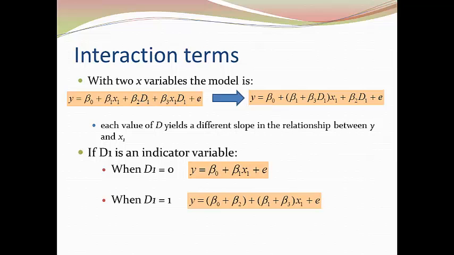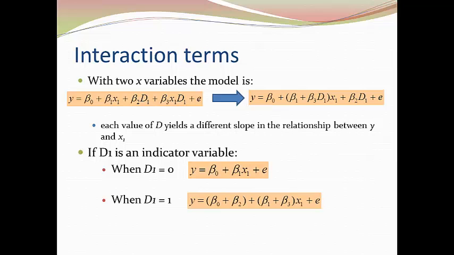Now what I'm going to do here with this interaction term is I'm literally going to create a new term, which is going to be my interaction. I take my first independent variable and I multiply it times my dummy variable. And when I have this interaction term, I actually cause the slope of the line to change.